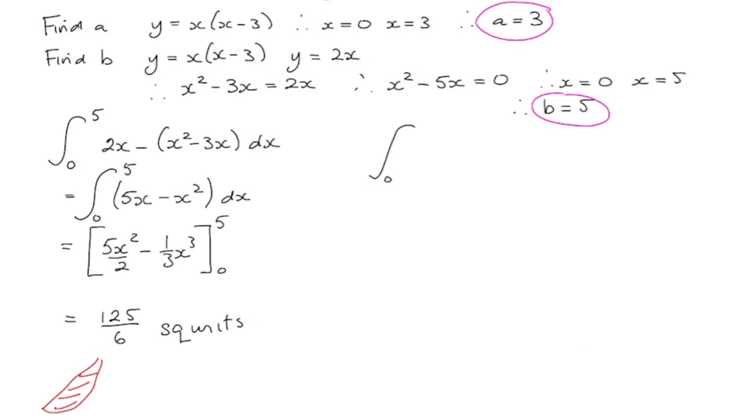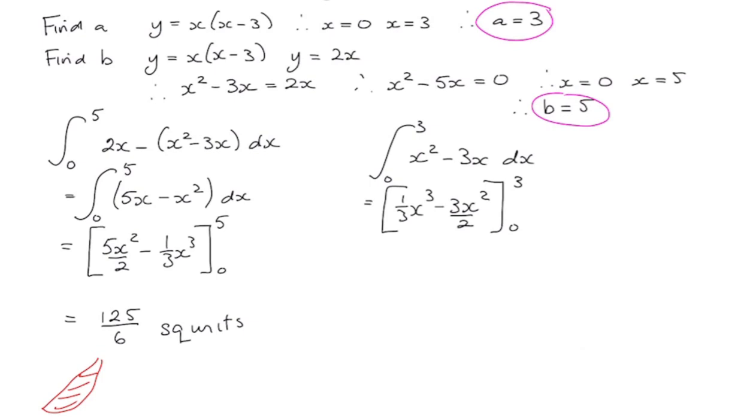And again, I'm going to work to the right. So that's the integral between 0 and 3 of x squared minus 3x dx. So we're going to integrate that, so we get a third x cubed minus 3x squared over 2 between the limits of 0 and 3. And again, I'm not going to show you putting the limits in. You can all show me that.